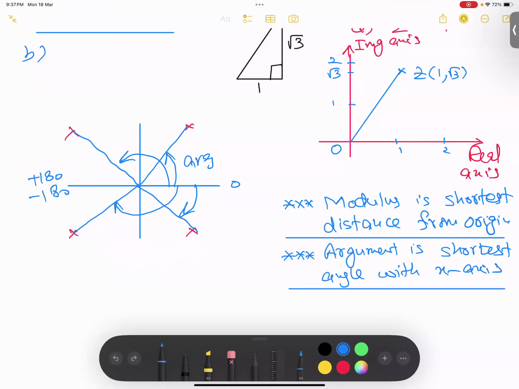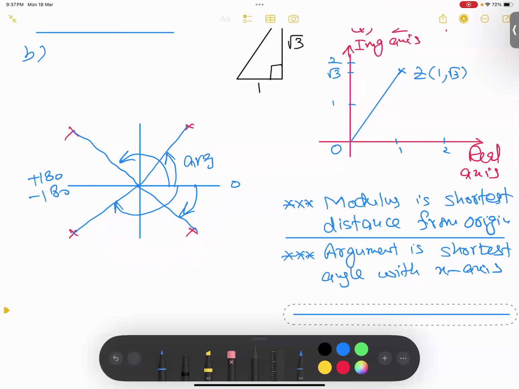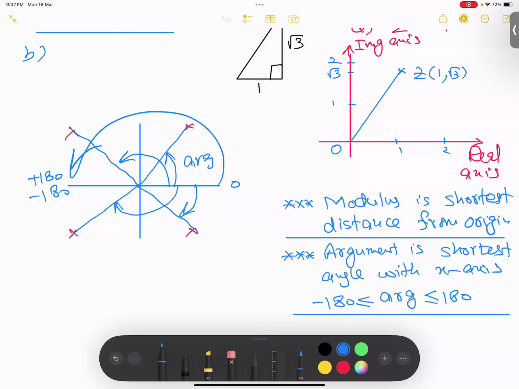I just mention here, the argument stays in the range of less than or equal to +180 and bigger than -180. It means I can go from here maximum, I cannot cross the boundary. And same approach, I can go from here, I cannot cross the boundary. So in both options, the argument stays in this range.